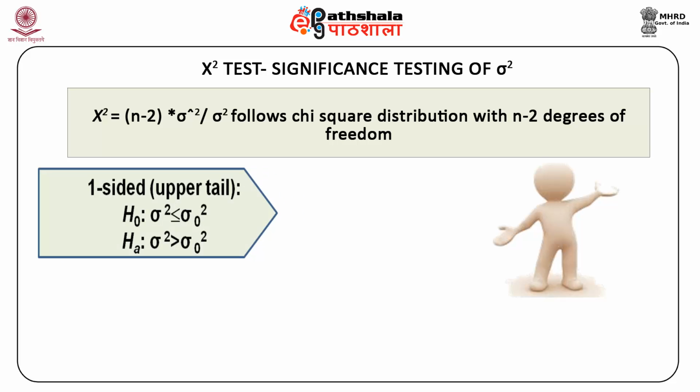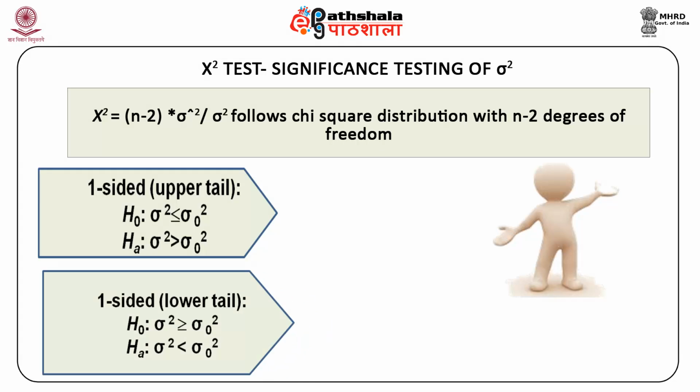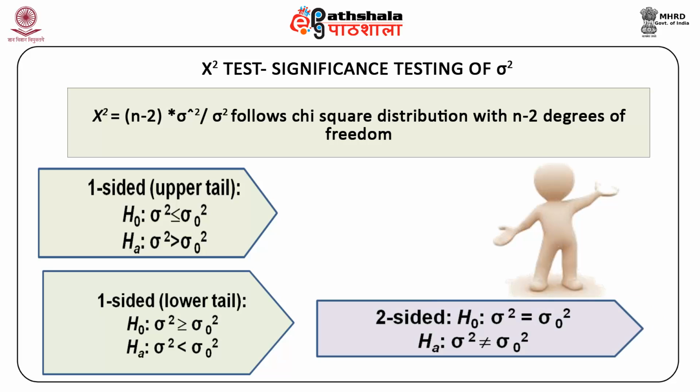One side, upper tail: H0 is sigma squared less than sigma 0 squared, and HA is sigma squared greater than sigma 0 squared. One side, lower tail: H0 is sigma squared greater than sigma 0 squared, while HA is sigma squared less than sigma 0 squared. Two-sided: H0 is sigma squared equal to sigma 0 squared, and HA is sigma squared not equal to sigma 0 squared.